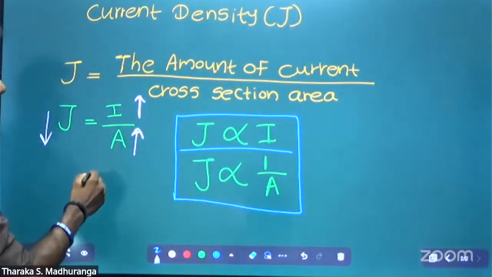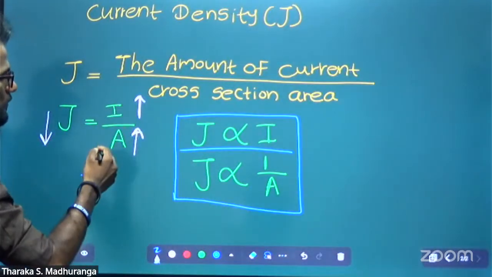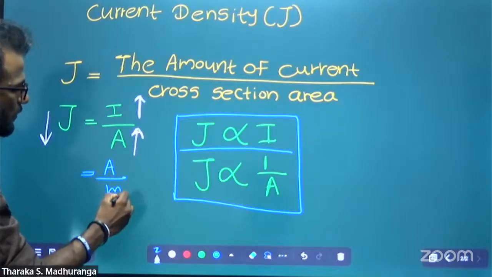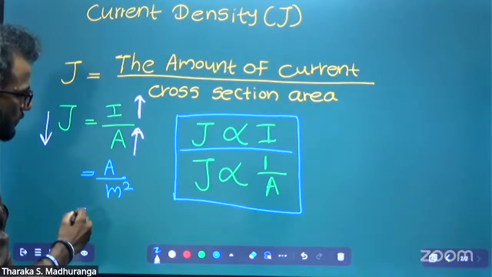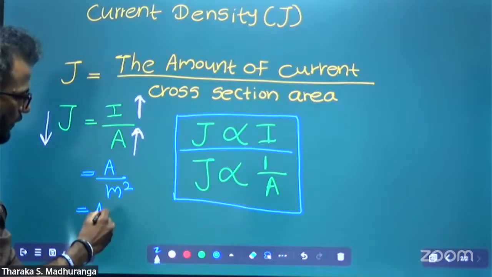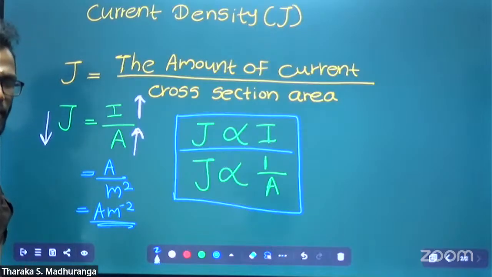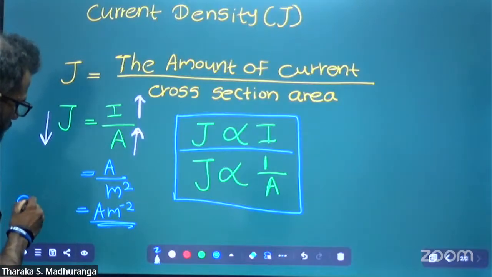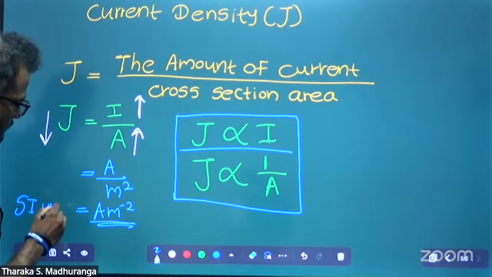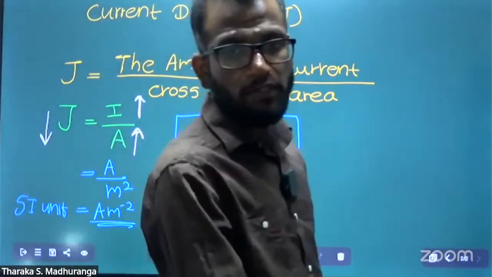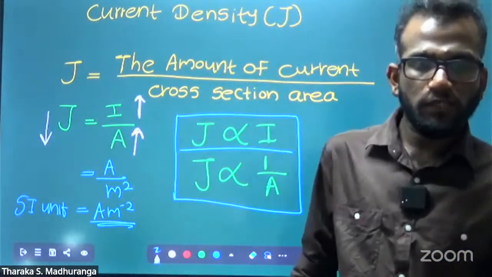The current unit is ampere, and it is per square meter. A m minus 2 is the SI unit. Amperes per square meter.